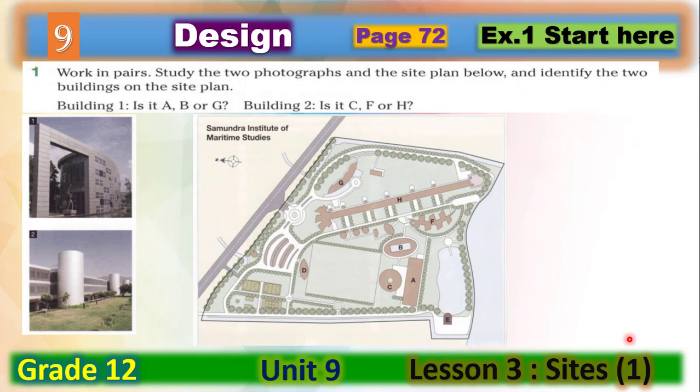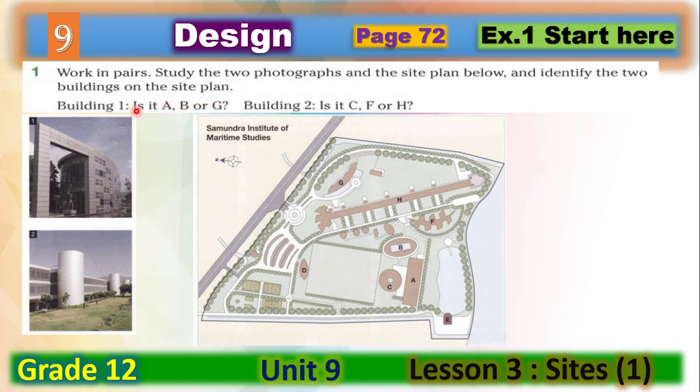Now please open your books, page 72, exercise 1. Working in pairs, study the two photographs, photograph number 1 and photograph number 2, and the site plan below, and identify the two buildings on the site plan.